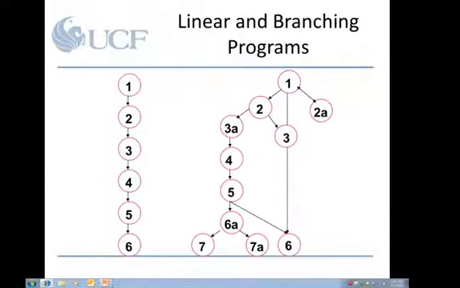There are two real types of program. The first is linear, in which you just go from 1 to 2 to 3 to 4 to 5 in a very linear fashion. And then there's a branch program. And branching is your next step is dependent upon what occurred in your previous step. So if I have step 1 and I have some sort of question at the end of step 1, if I respond one way, I go to step 2.